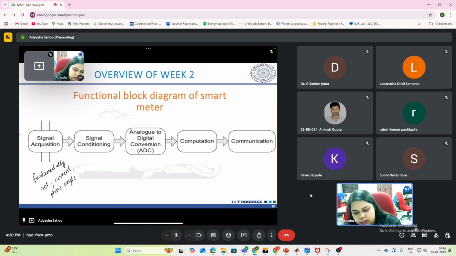And then using these, we can further compute other electrical attributes such as power or energy, power both active and reactive. So all those we can compute using these fundamental quantities. Then signal conditioning, maybe some filters or something, is required. And after that we convert them from analog to digital quantity, so that we can communicate the smart meter data.